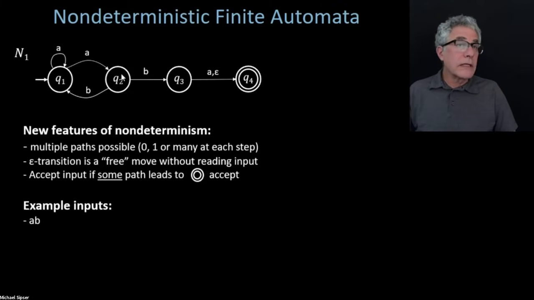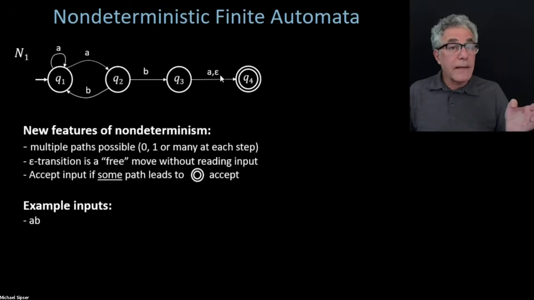However, the other possibility, which was state Q2 on a B, does have a place to go. The machine is now going to go from Q2 to Q3 on that branch of the computation, reading a B. Coming out of Q3, there are two symbols.